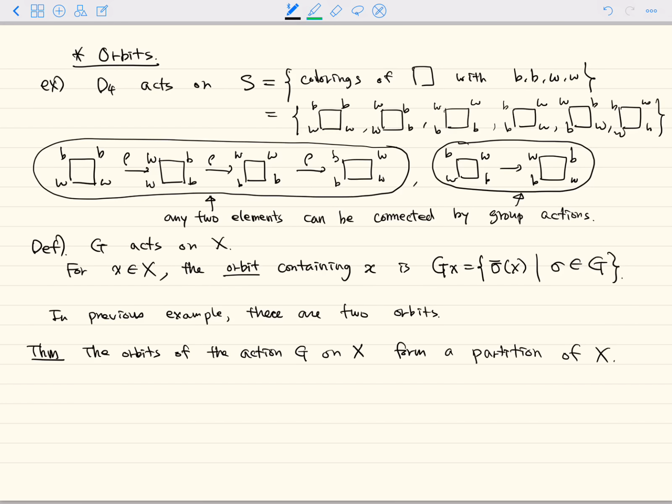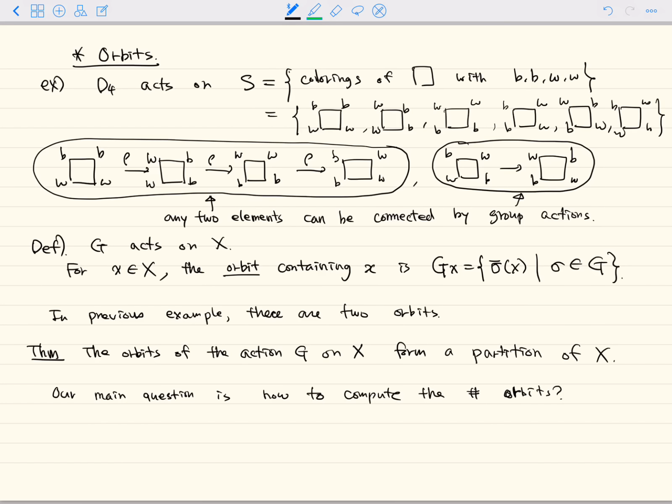Okay. And our main question is this: how to compute the number of orbits. So we have a group action acting on a particular set, and we want to compute the number of orbits because these are what we are interested in.